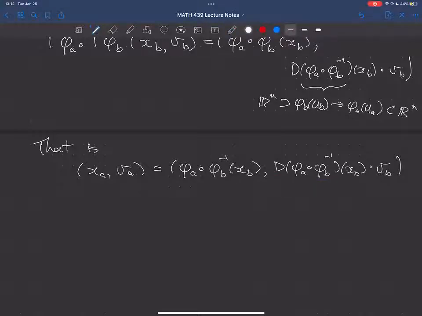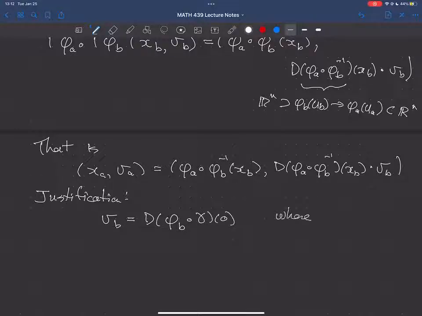So what I know is that V_B is equal to D of phi B composed with gamma at 0, okay?